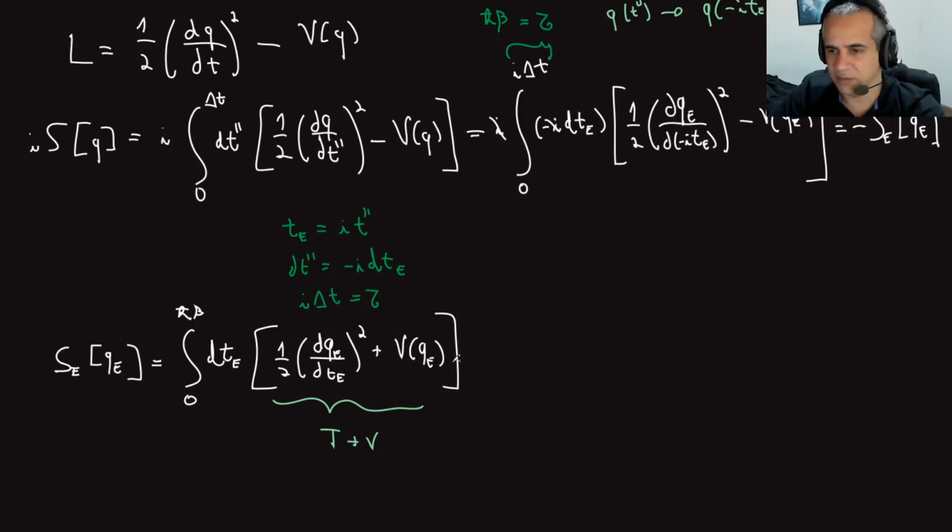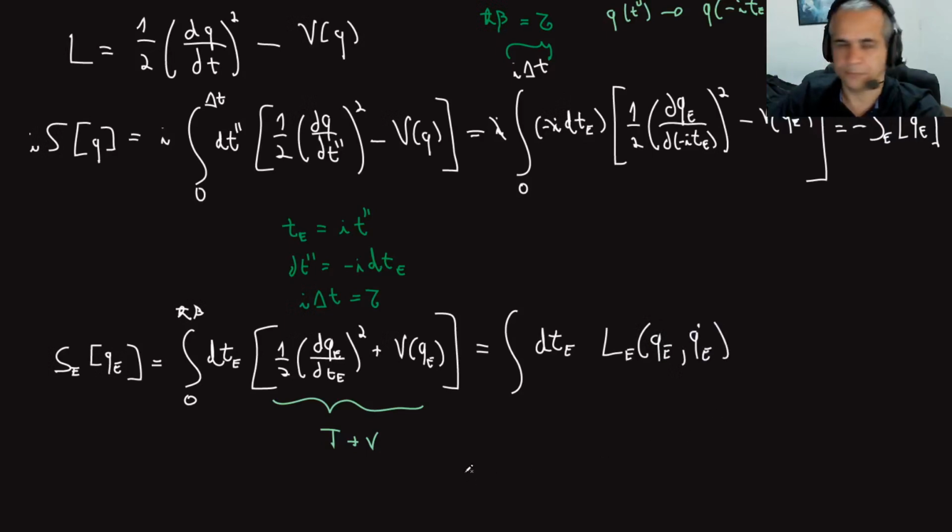I have just the energy, the total energy there, right? And of course, I sometimes just write these in terms of the Lagrangian, the Euclidean Lagrangian too. I'm just defining a bunch of Euclidean quantities, right?